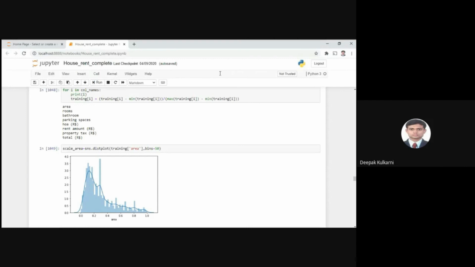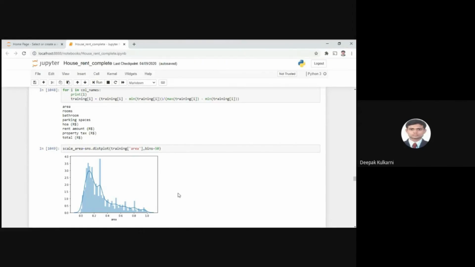Okay. So if you just want to make it uniform, what we do is we scale everything within the scale of 0 to 1. So for that reason, standardization is done. Another method is normalization. So we do that in order to make it uniform.